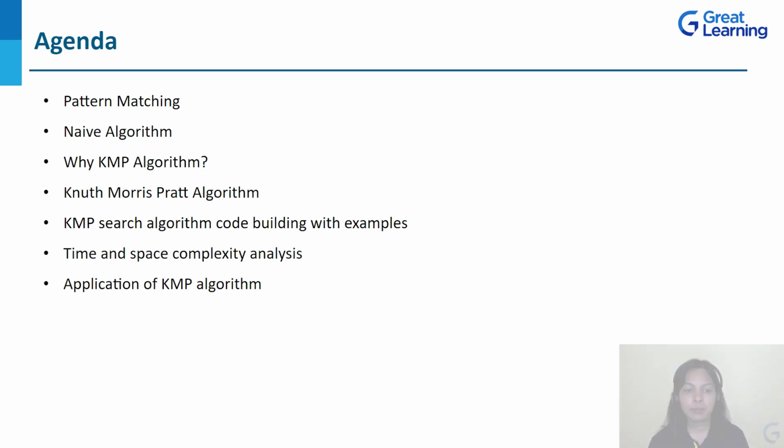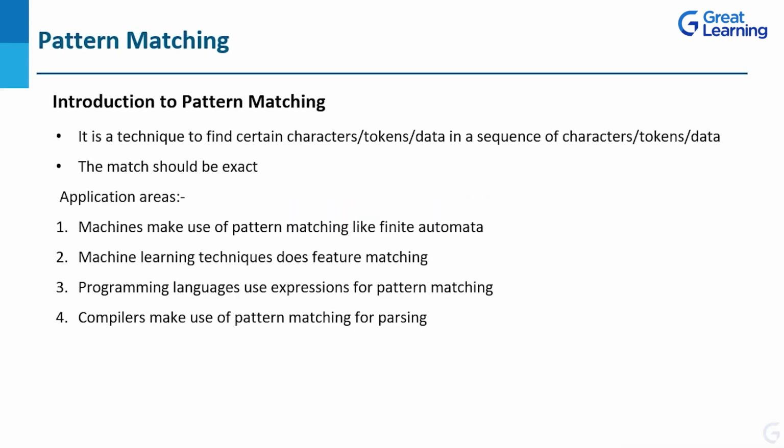So let's get started. Now, what is pattern matching? As KMP algorithm is one of the algorithms that helps in matching a pattern, it is important to understand what pattern matching is. Given a set of characters, tokens or any data, if we have to find any pattern in it, any repetitive occurrence of characters, tokens or data in the given string, then that is called pattern matching.